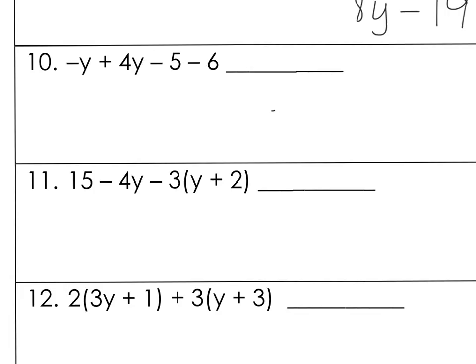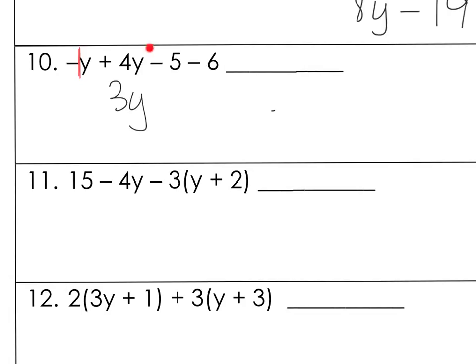Number 10 may seem daunting at first, but luckily our like terms are already together. Our terms with y and then our numbers without a variable. You would all remind me that there is a 1 in front of that y. So it's negative 1y plus 4y. Negative 1 plus 4 is 3y.